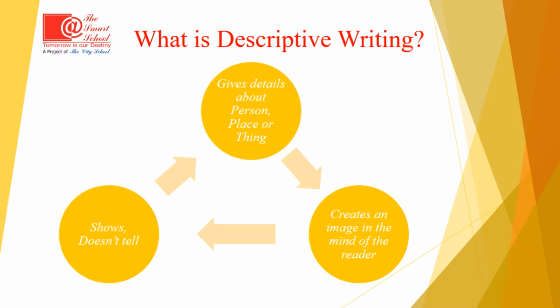You make the image so clear when you are writing that it appears that you are showing the reader what is going on instead of just telling. Your description has to be so clear that when the reader reads your paragraph, the reader can actually see what the person or a place or the thing you are describing looks like. They can tell what it looks like, they can see it, and they can feel its presence as well.